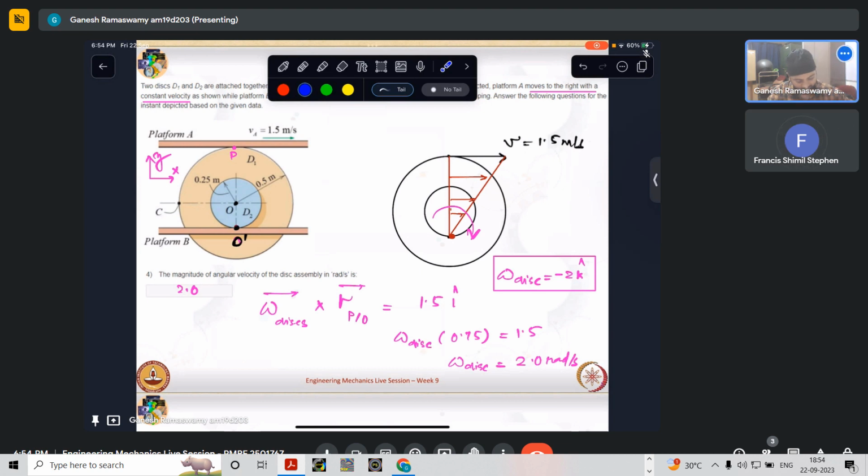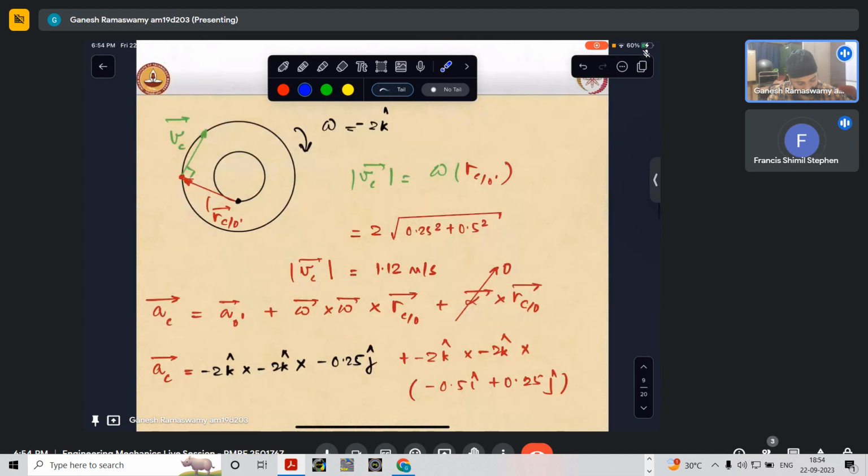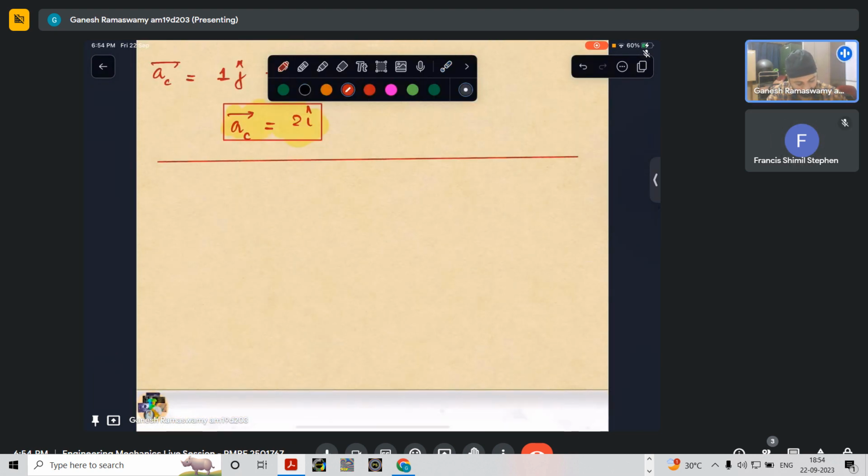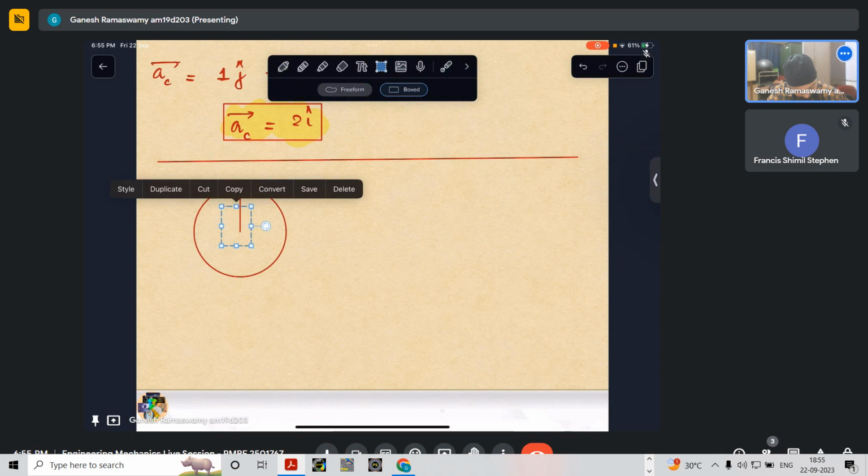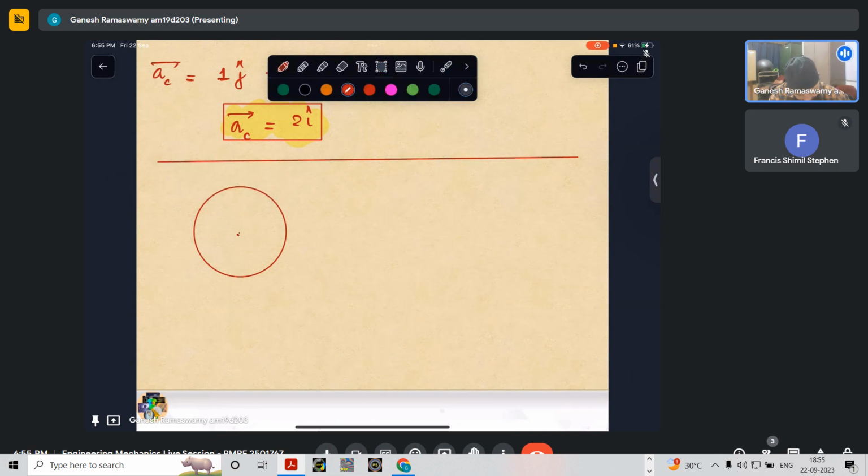Why? Let us see that. In fact, let us see that. One was this line, this spoke, which was rotating about its center. It is like that. Its center is here, so one was this line.